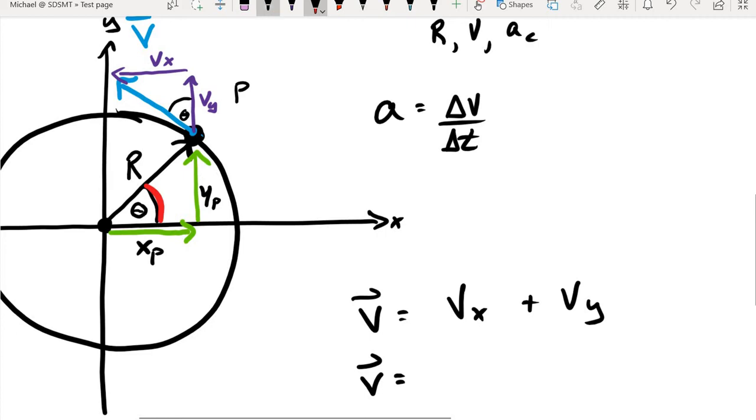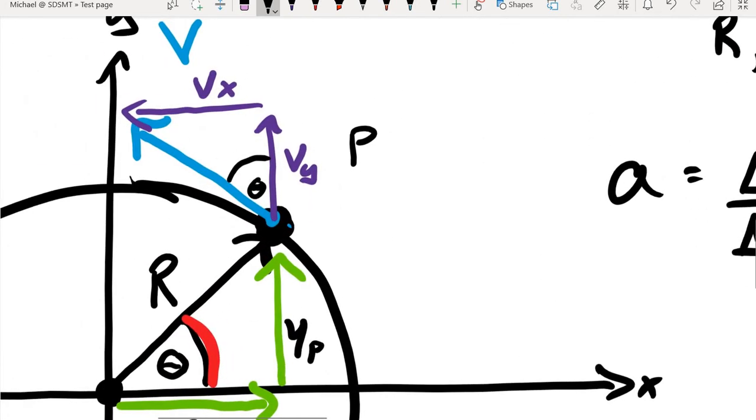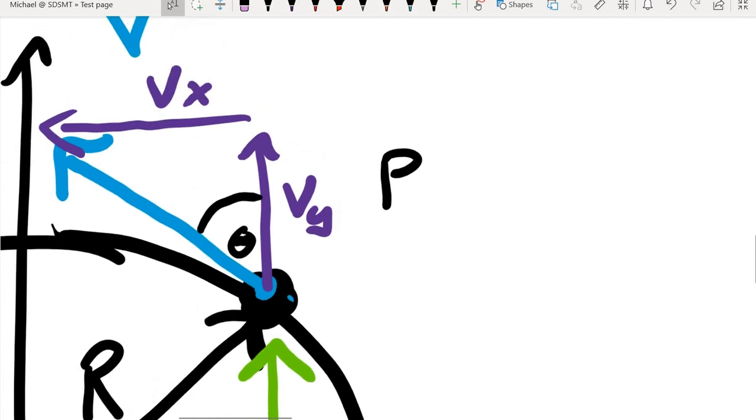So that's going to be our first step. We want to see what the x and y components of our velocity vector are going to be. So we'll look at our velocity triangle there.